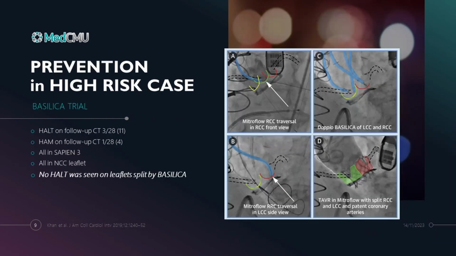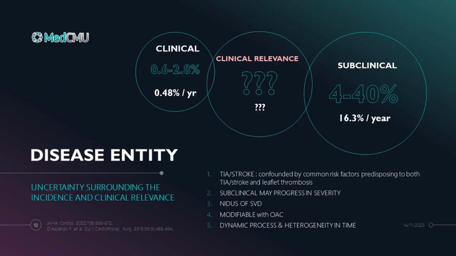The washout effect is also one of the important protective factors. This is the study from the BASILICA trial. All of the HALT occurred in the non-coronary leaflet, and no HALT was seen on the leaflets split by the BASILICA.